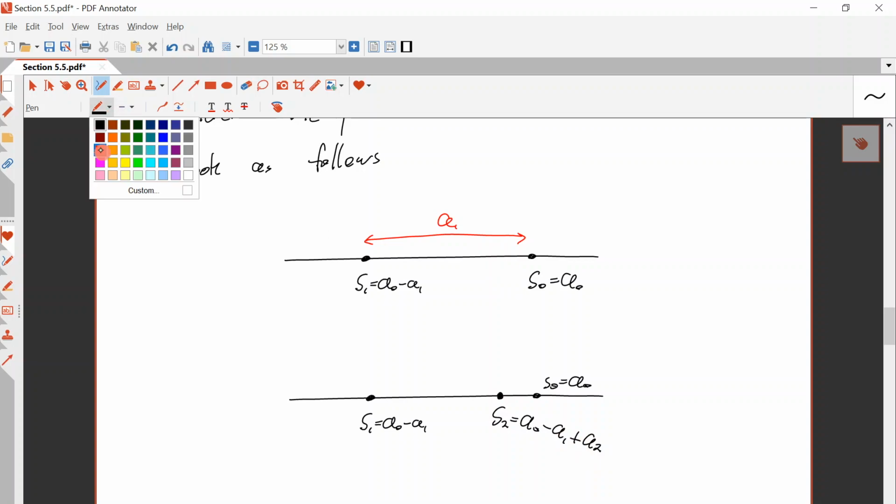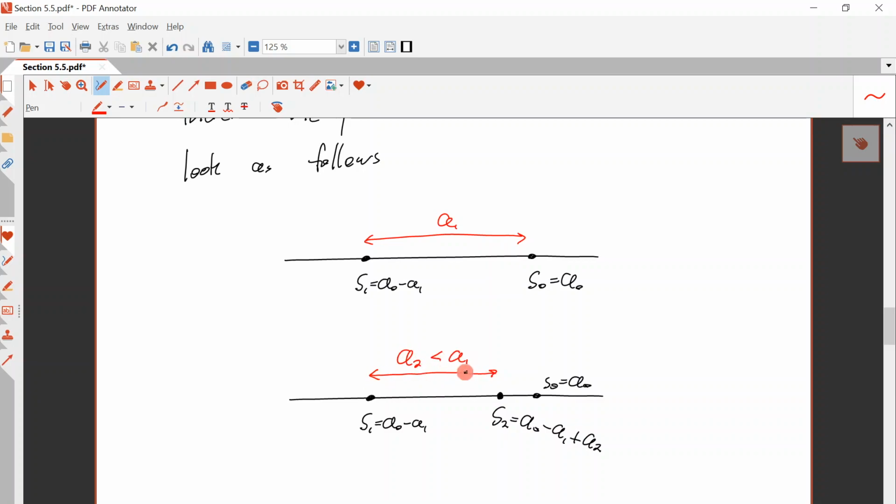Now, why is it in between S1 and S0? Well, because the distance from here to here is A2, which is less than A1, because those terms are decreasing.